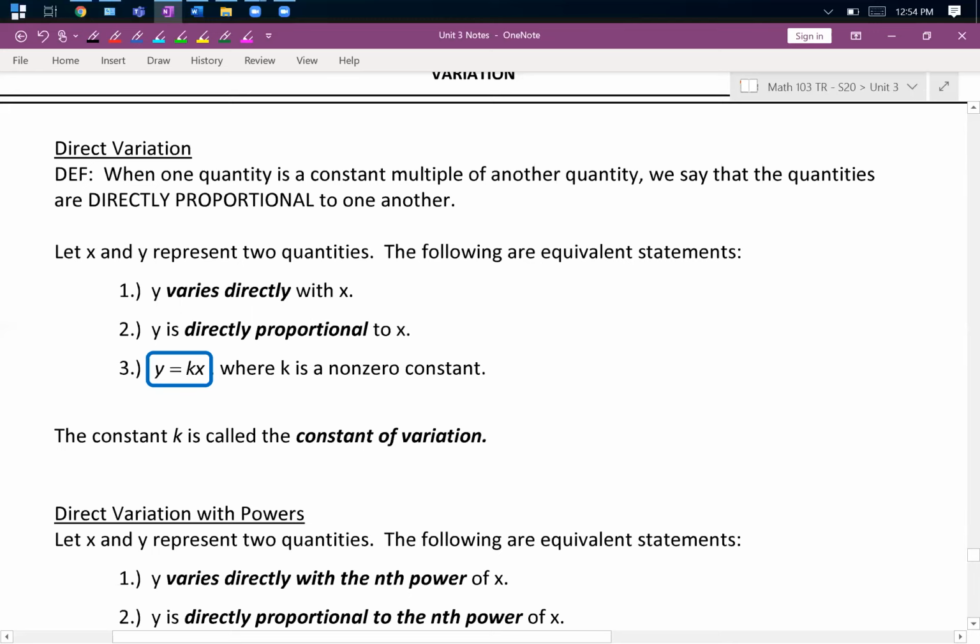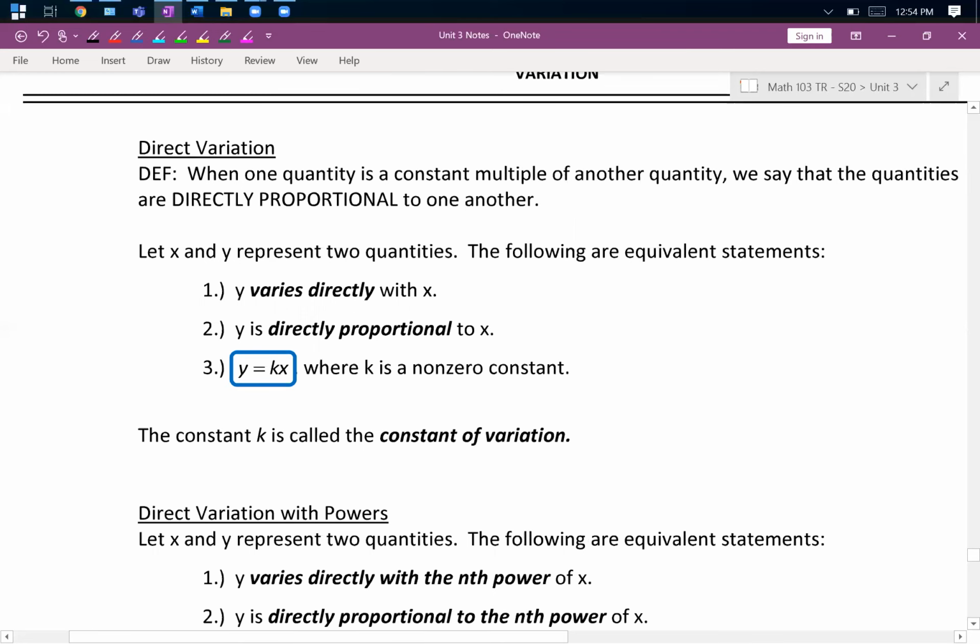We're going to let x and y represent 2 quantities, then the following statements are equivalent. Y varies directly with x, y is directly proportional to x, and y equals kx, where k is a non-zero constant. Basically, these words are the same.